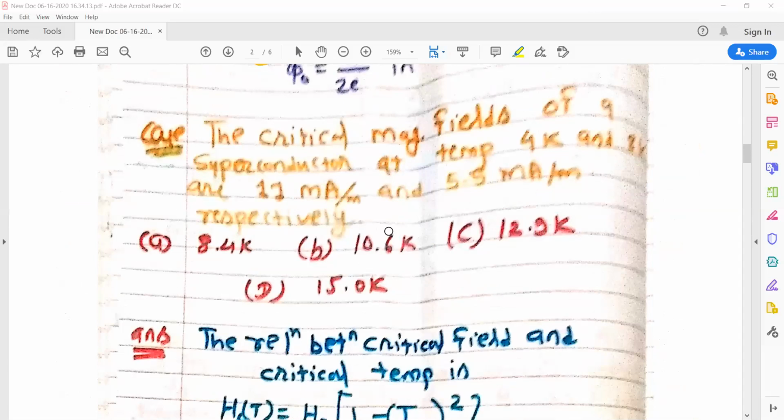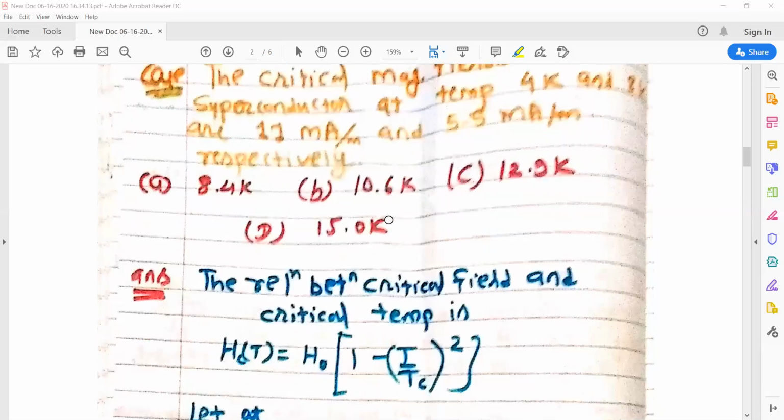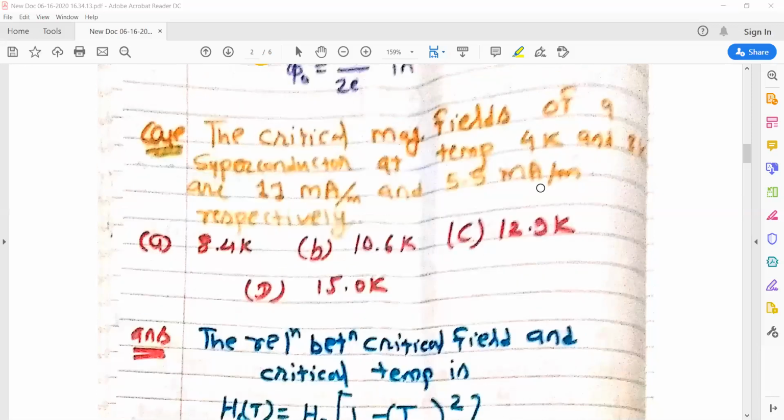Okay, the critical magnetic field of a superconductor at temperature 4 Kelvin and 8 Kelvin are 11 milliampere per meter and 5.5 milliampere per meter, respectively. तो यहाँ आपसे क्या पूछा गया है, यहाँ क्रिटिकल मैग्नेटिक फील्ड तो दोनों का दे रखा है। ठीक है, सो वी नीड टू फाइंड Tc. यहाँ पे मैं लिखना भूल गया हूँ, Tc जो है वो फाइंड आउट करना है हमें.